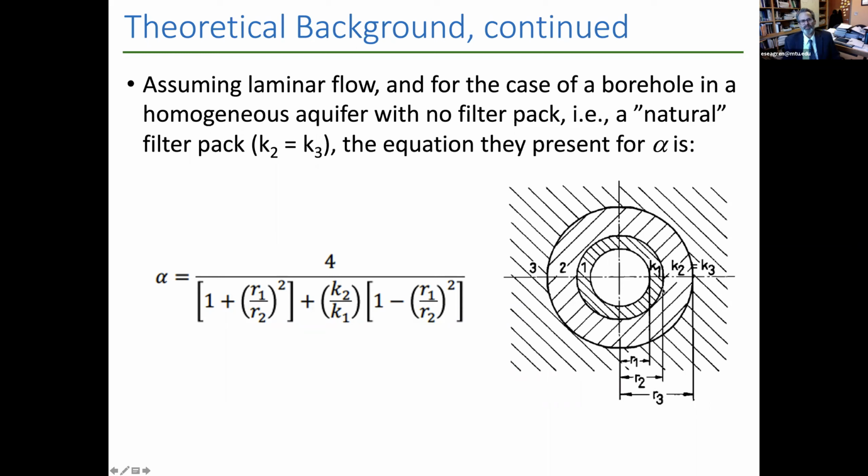In that case, the equation that represents alpha based on the borehole dilution theory is given here. You can see it's a function of the radius of the well screen, R1, and in this case, the ratio of the permeability of the aquifer material compared to the permeability of the well screen.